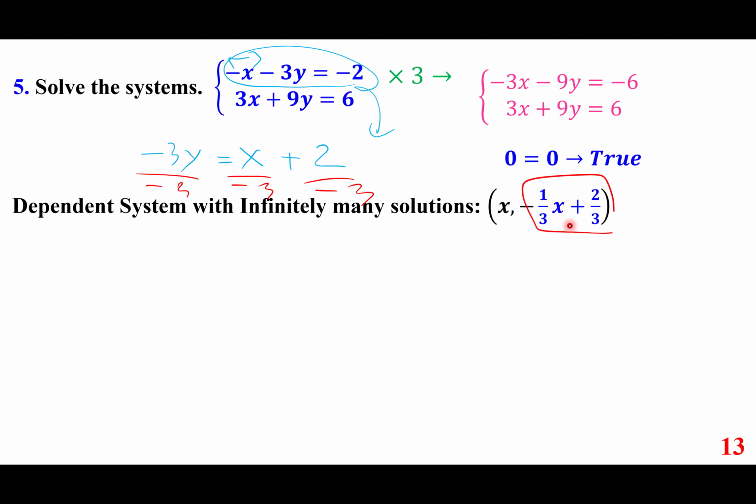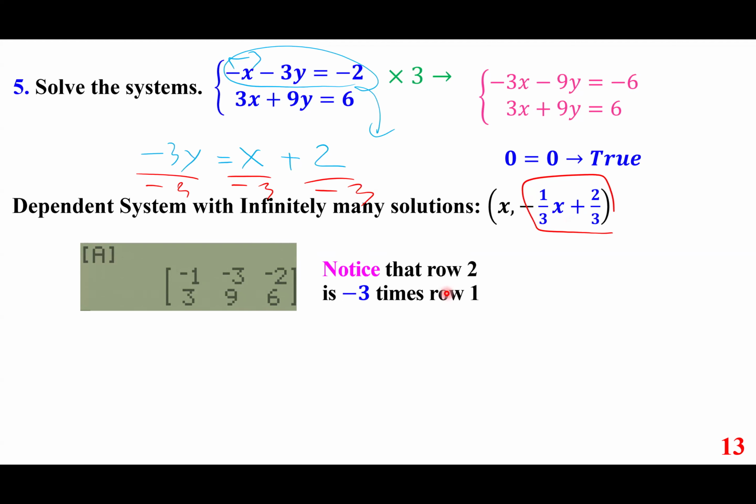Now, if you put that into a matrix, and again, the augmented matrix, everybody is clear. So you put minus 1, minus 3, minus 2, positive 3, positive 9, positive 6. And if you do REF or RREF, notice that row 2 is minus 3 times row 1. One easy way: if a row is a multiple of another one, you have a dependent system.